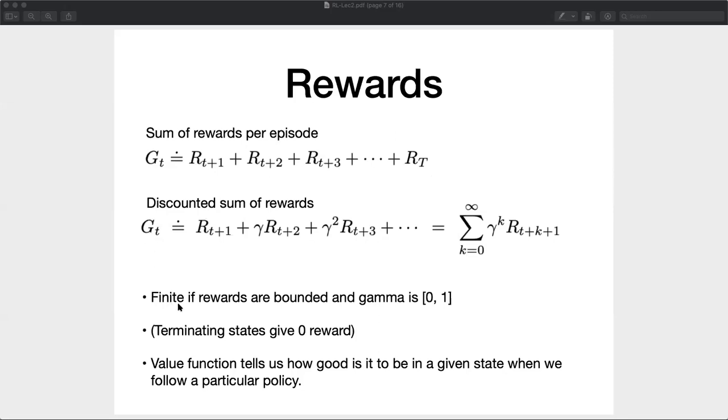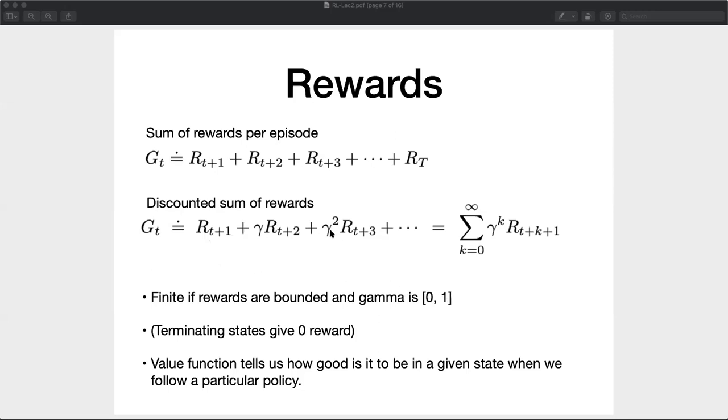And so g of t is going to be finite if the rewards are bounded. Like these rewards have specific values, they don't blow up. You can never get a reward of infinity. And if, like I said before, the reward space is finite, like you can only get a positive reward of 1 or no reward, or just 0 or 1, or just a handful of rewards, this all holds true.